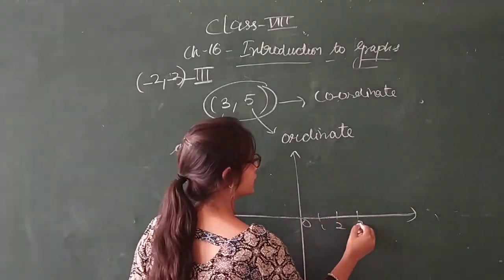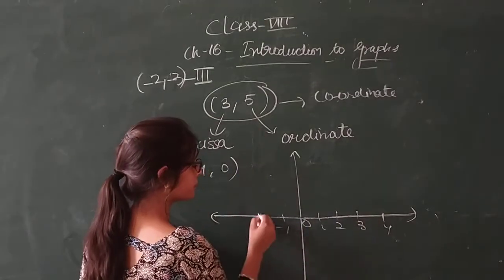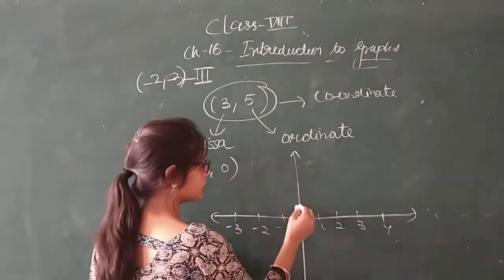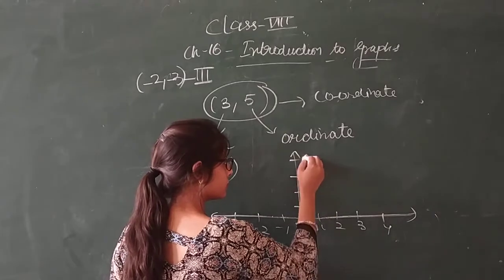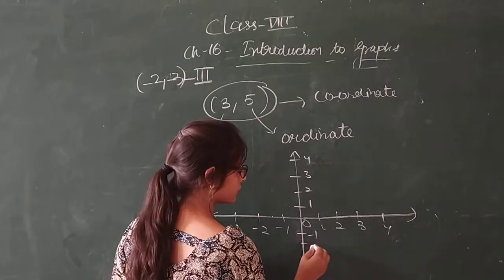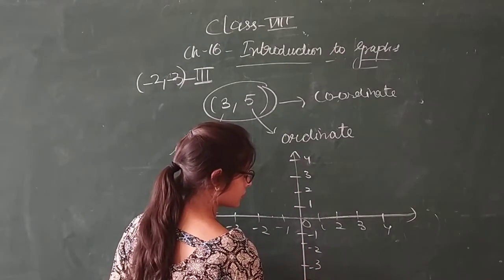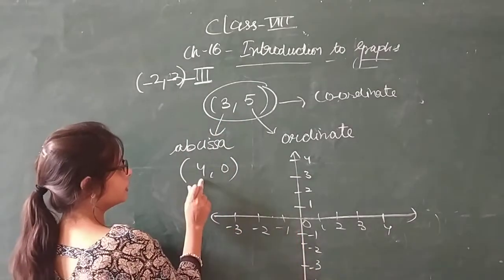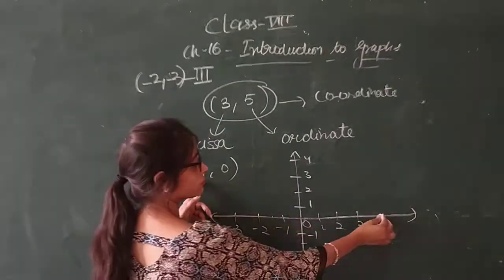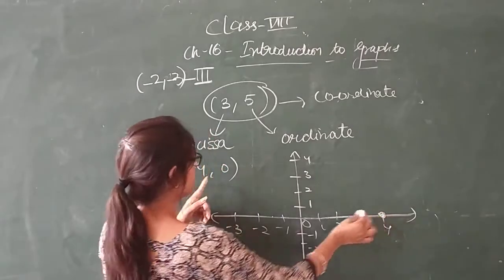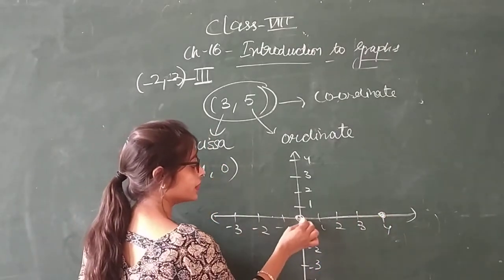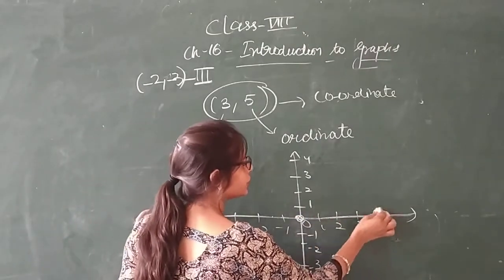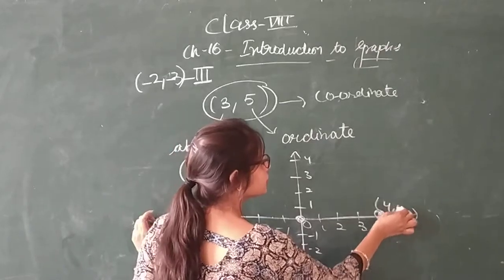And again we are taking the points. Abscissa is 4. Y is 0. 0 will stay right here. So this will be the location of the point.